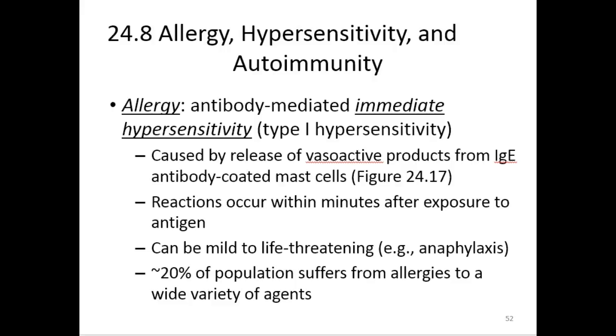This can be a quick reaction, but usually there's some priming of the system first, so you have to have an antigen recognition event, and they can be annoying, like hay fever, or they can be life-threatening, like food allergies. And about 20% of the population suffers from this hypersensitivity in their IgE production of antibody.